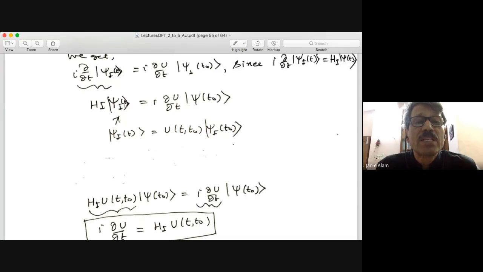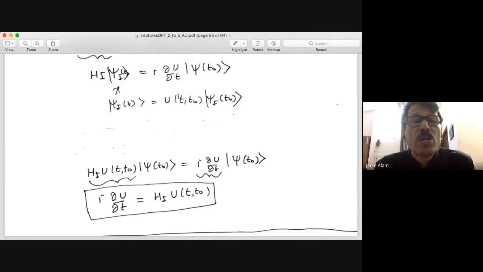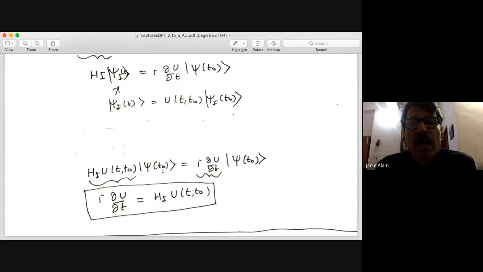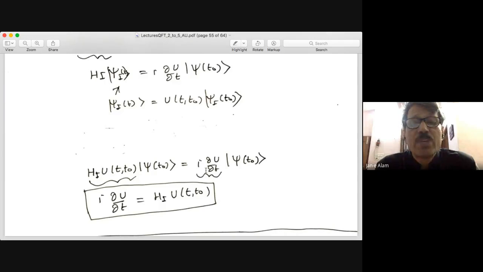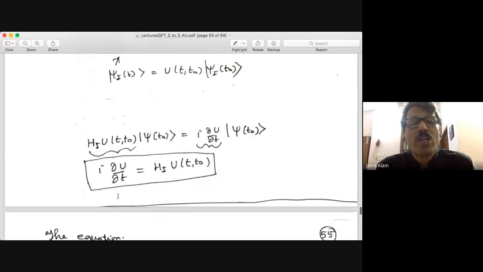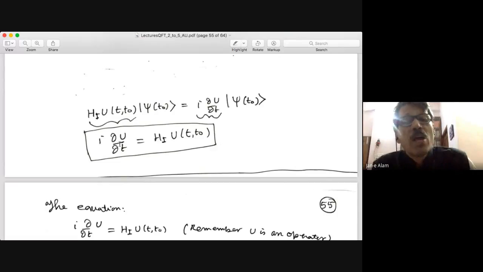If I can get psi at t naught here, then I will be able to get the time evolution equation for U. So if I replace this psi by this quantity, I get H_I U psi at time t naught equals i dU/dt psi at time t naught. That tells me that i dU/dt is nothing but H_I U. So now I have got an equation which tells me how the operator U evolves with time.